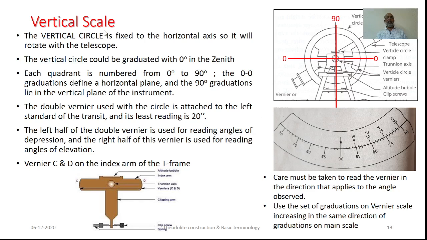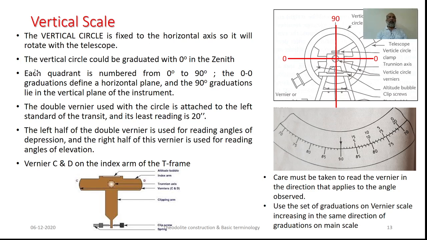The vertical circle is the main part which helps us to measure the vertical angle with respect to the horizontal plane. The way we discussed earlier, the horizontal is presented as 0, whereas the uppermost point is graduated with 90 degrees, and the lowermost point is also provided with 90 degrees, and accordingly we can measure the angle when we sight the object in an elevated manner or in a depression manner.